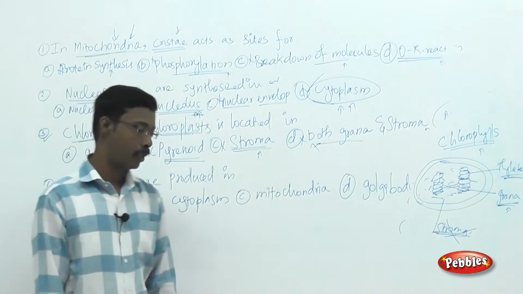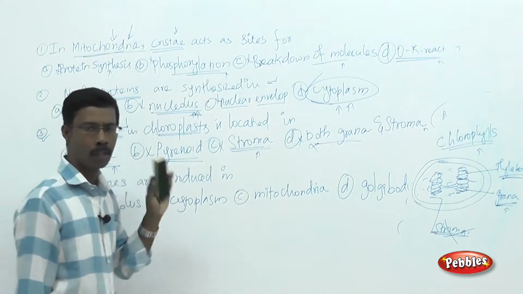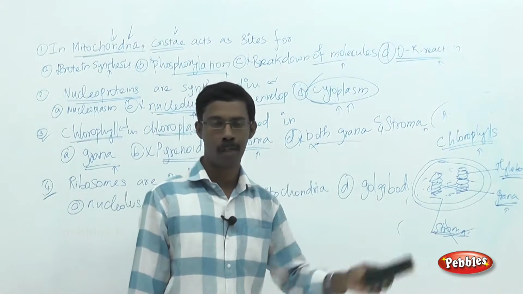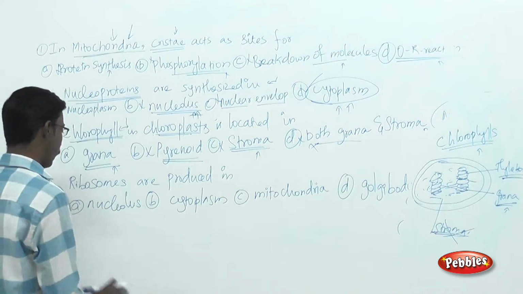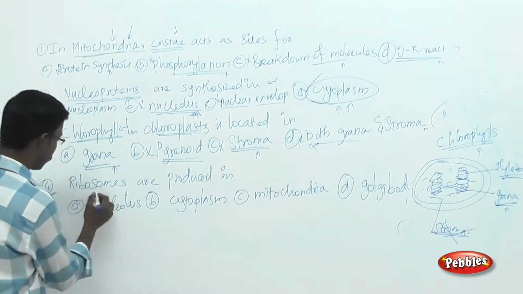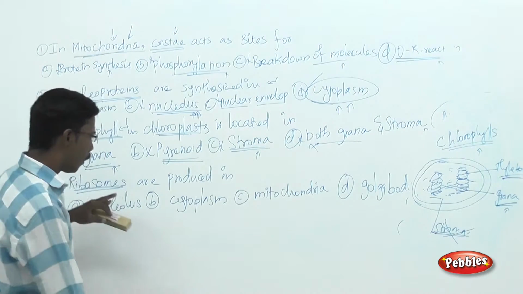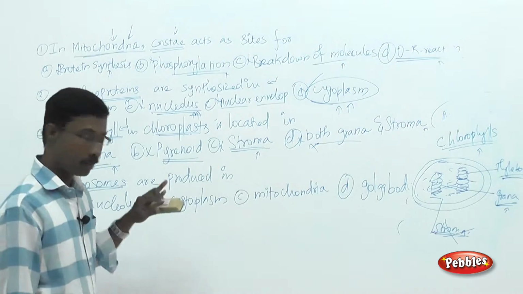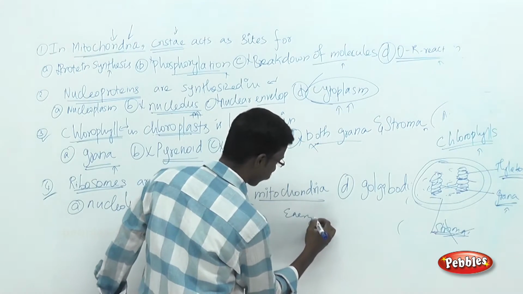Ribosomes are produced in. So as I told you in the previous question, whenever you are thinking about the ribosomes, you have to recall their function. Ribosomes are involved in protein synthesis. Come back to the question: ribosomes are produced in. What may be the role of mitochondria? Mitochondria are involved in energy production.